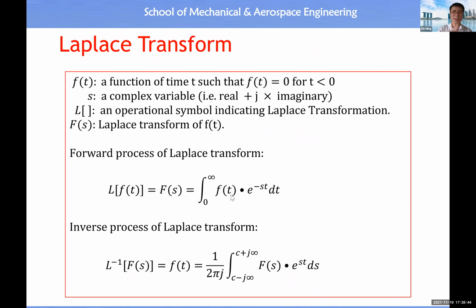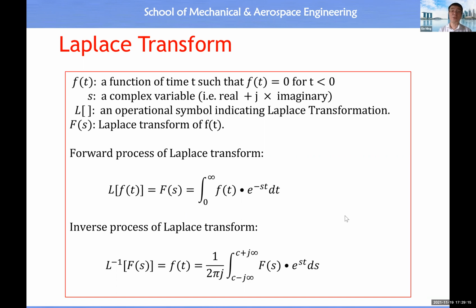The formal description of a Laplace transform is shown in this slide. If we have a time function and undertake this integration, the result will be a frequency domain function. We call this the Laplace transform of this time domain function. If we do this integration with the Laplace transform, we can recover the time domain function which corresponds to this Laplace transform.